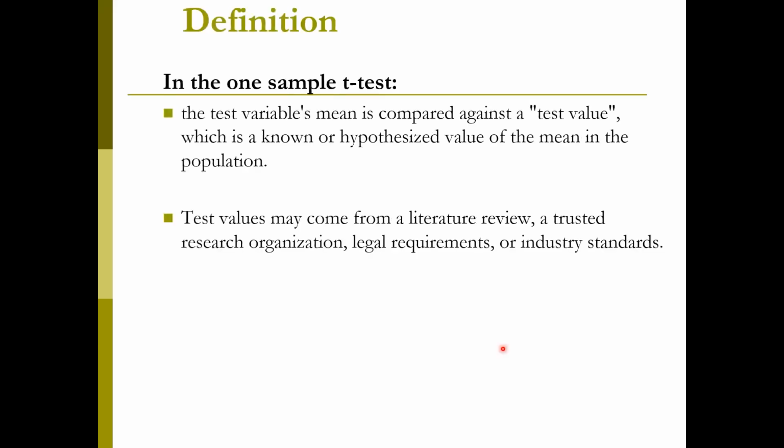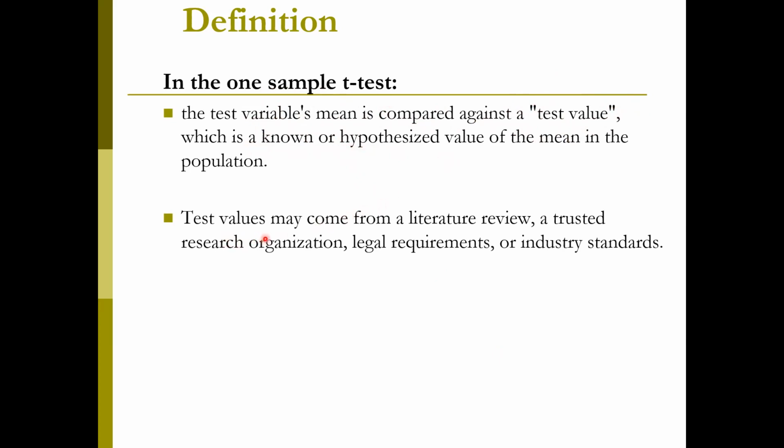So, in a one sample t-test, the test variable mean is compared against the test value. There is a value that is given to you. So we compare the mean of the test variable to it, which is known as the hypothesized value of the mean in the population.